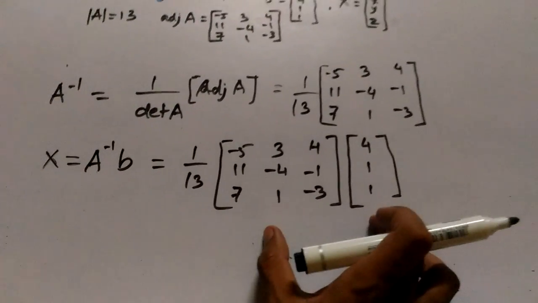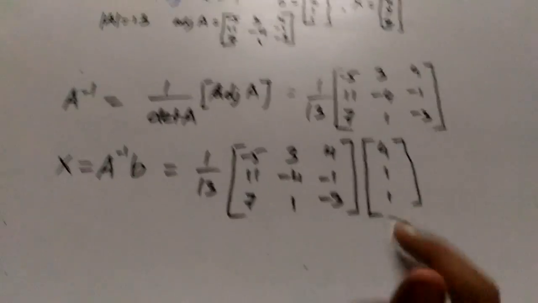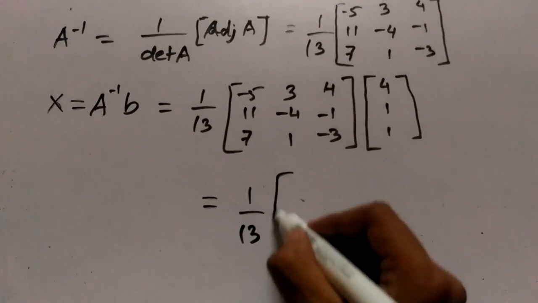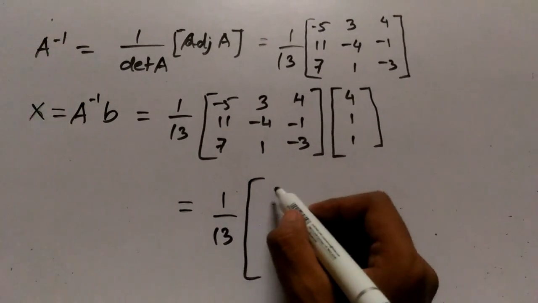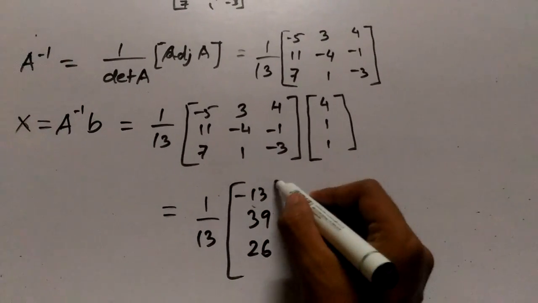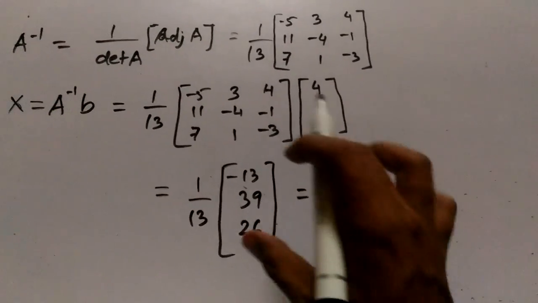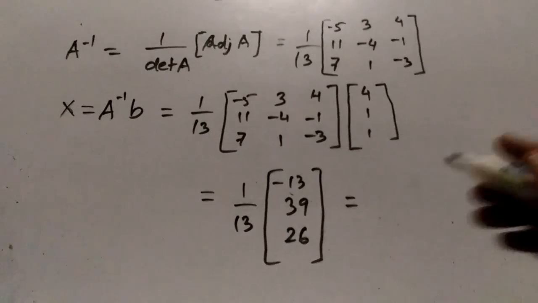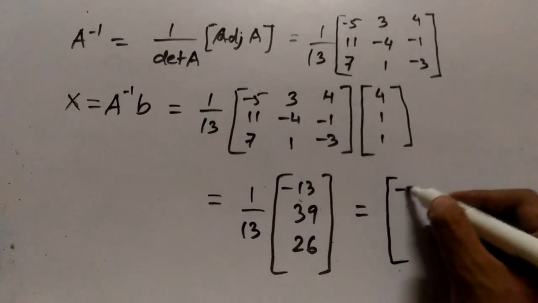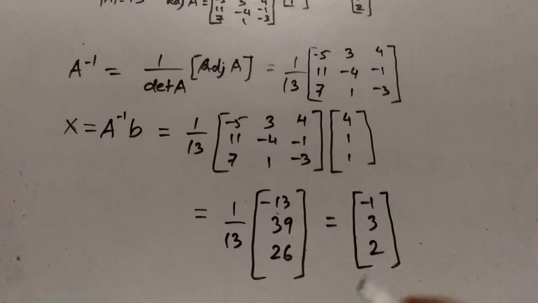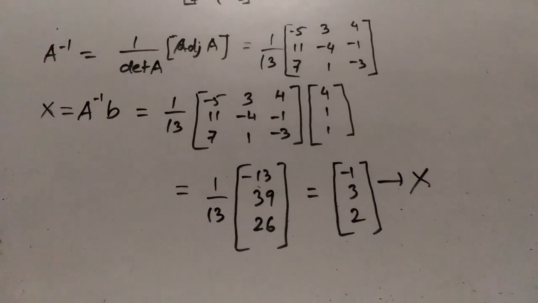The multiplication gives us 1 by 13 into minus 13, 39, 26. So we divide this matrix by 13, and hence our final answer will be minus 1, 3, 2. So this is our X.